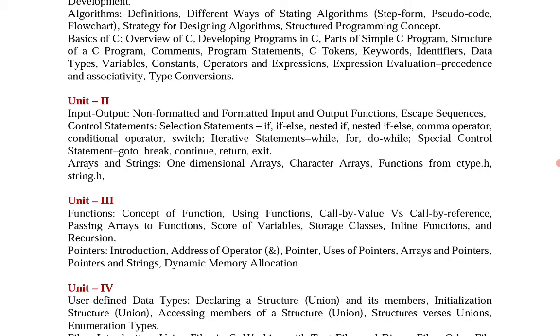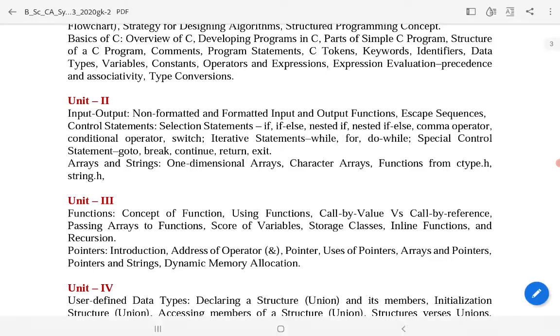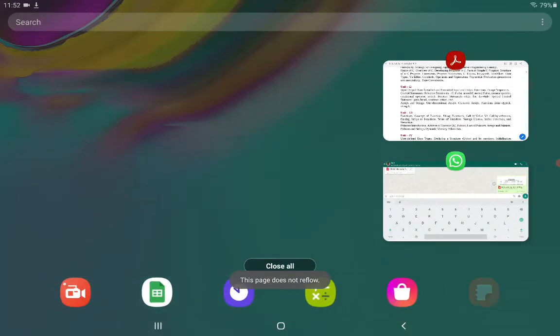Of the second unit syllabus, we may start with input output functions, formatted and non-formatted input output functions. So, we start the PPT.